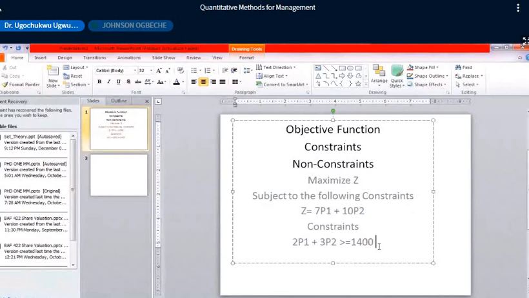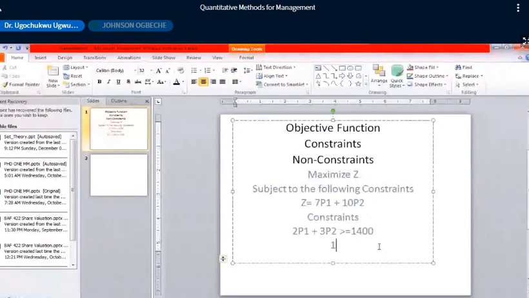Now let us say that you have another constraint, 1P1 plus 7P2 is less than or equal to 2,000.